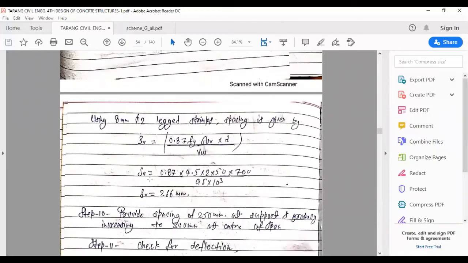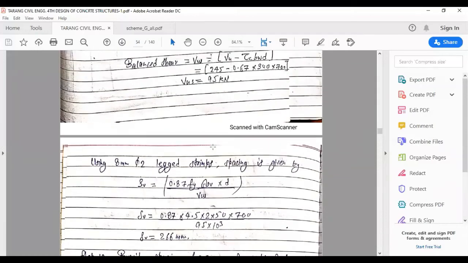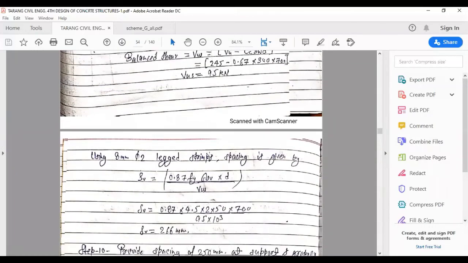So 0.87 is as it is, the value of Fy is 415, Asv is 2 multiplied by 50, and the value of d is 700.